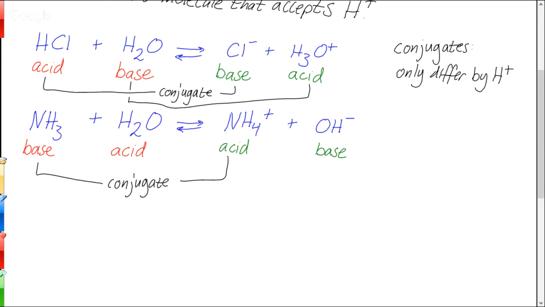Right, the NH3 and the NH4 plus are conjugates because they're the same except for H plus. One has an extra H plus compared to the other. And the same thing with those, the H2O and the OH.